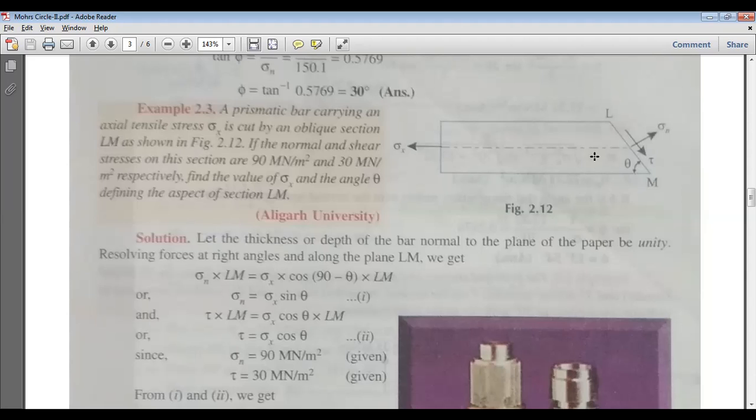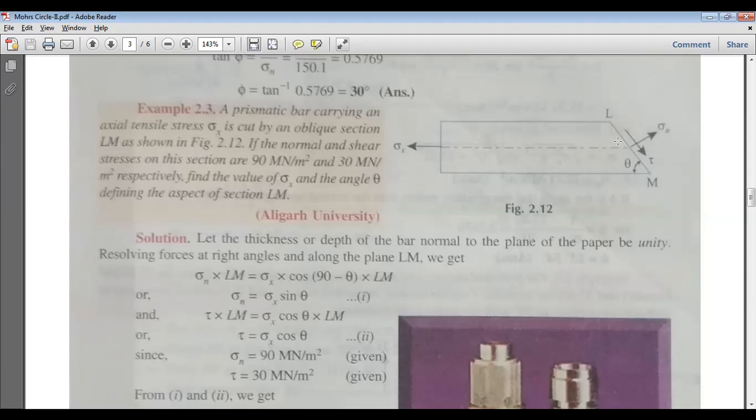Similarly, we have to balance the tangential force. Tangential force is tau into LM. Tau is the tangential stress acting along the face LM, and when multiplied by the area of face LM, it gives us the force.